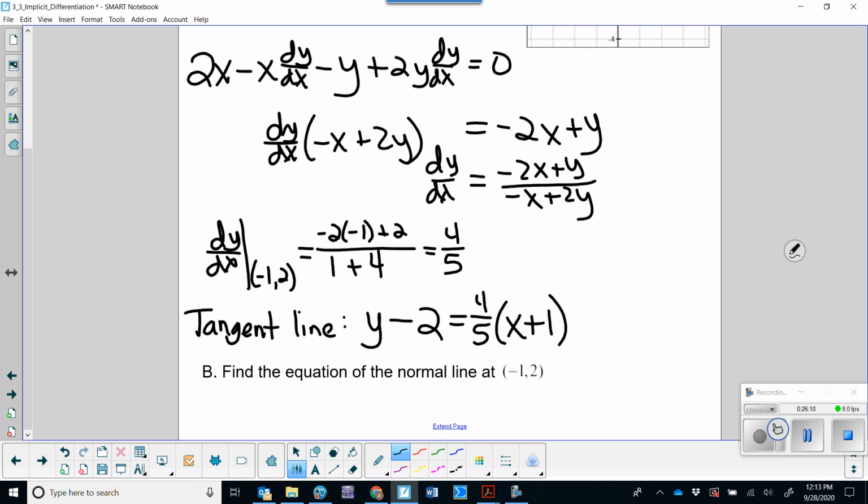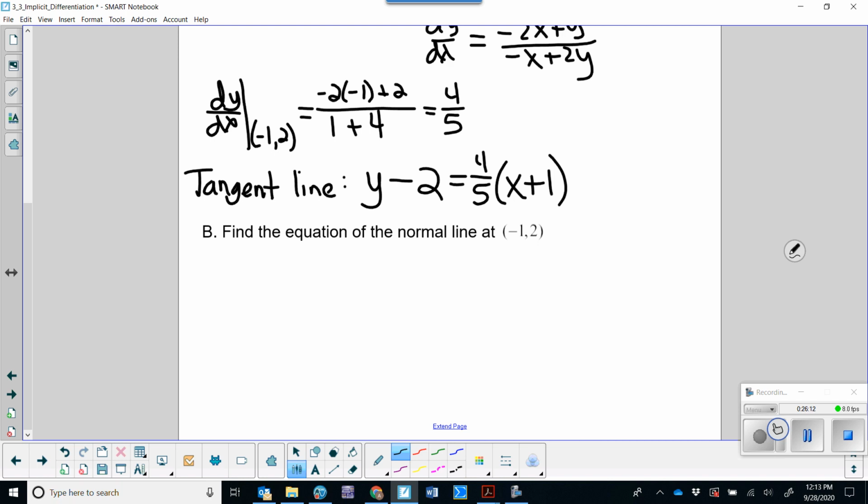Now the next question says find the equation of the normal line at that same point, negative 1, 2. So the normal line, which is not actually tested on AP, they don't ask that, but just so we know it, it's the line that's perpendicular to the tangent line.